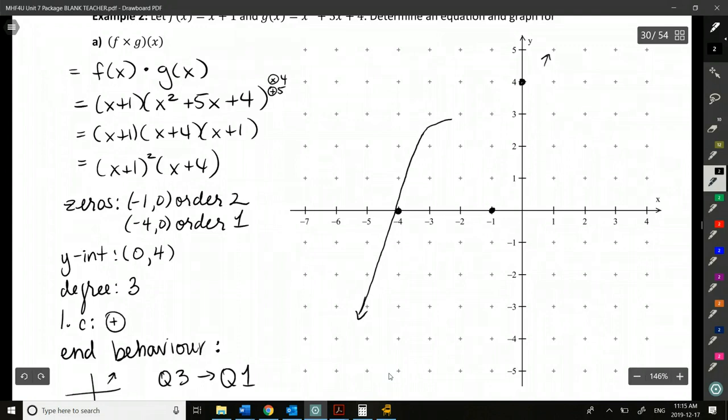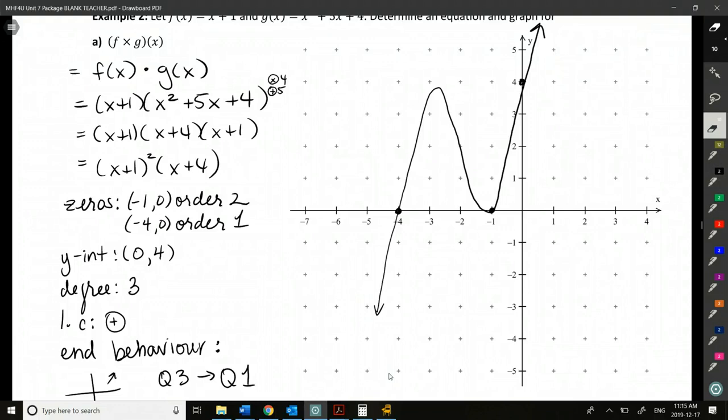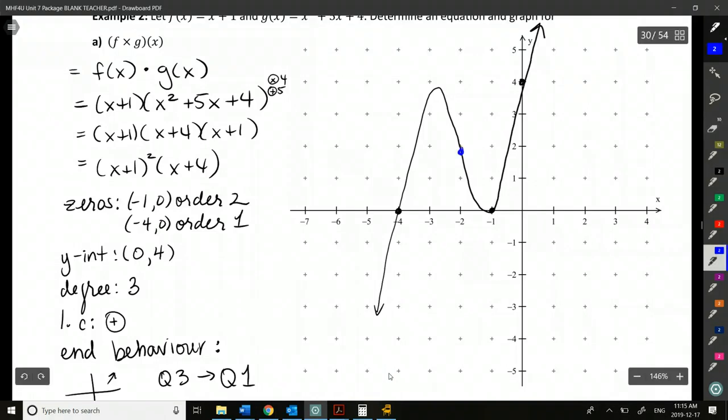And then this guy's going to go up and back down and around. Sorry, this is actually bad, I'll fix that. We're going to go up and around and bounce off of -1 because that's an order 2. Okay? So it has kind of a point of symmetry around here somewhere.